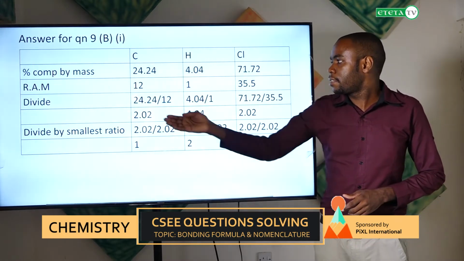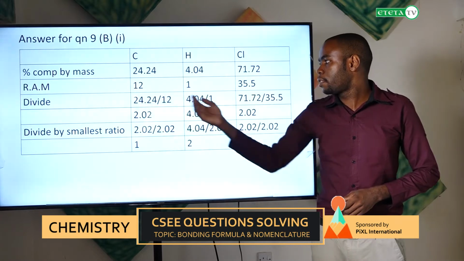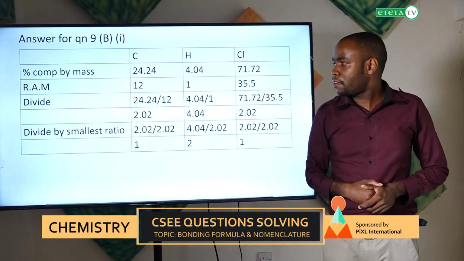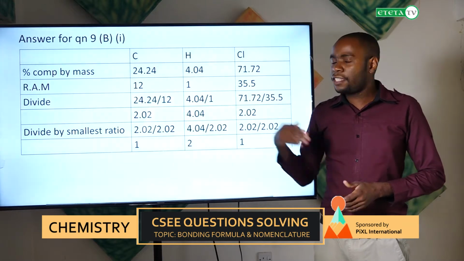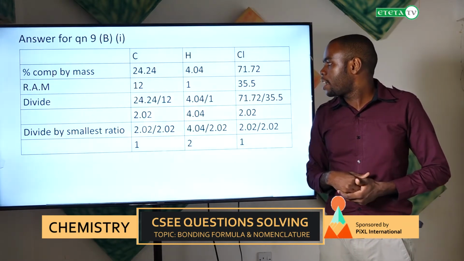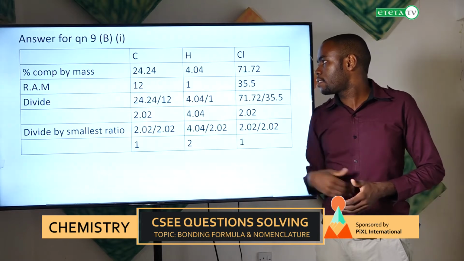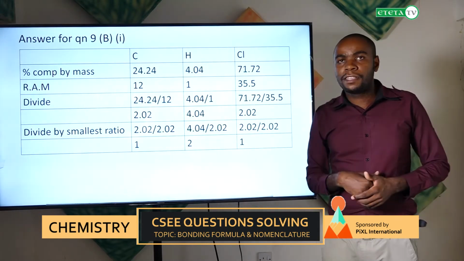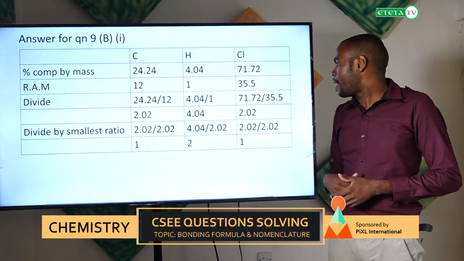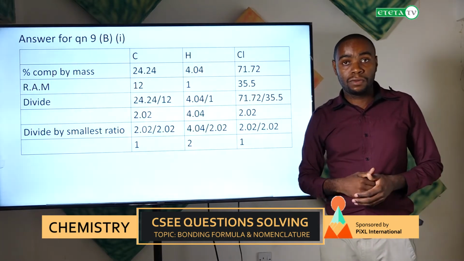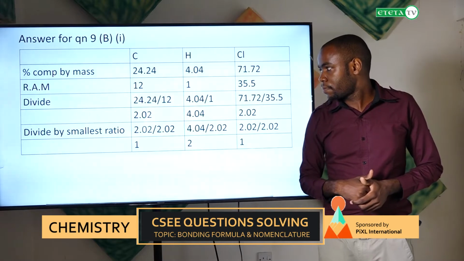For carbon, you will take 24.24 divided by 12, which is equal to 2.02. For hydrogen, you will take 4.04 divided by 1, which is equal to 4.04. And for chlorine, you will take 71.72 divided by 35.5, which is equal to 2.02.